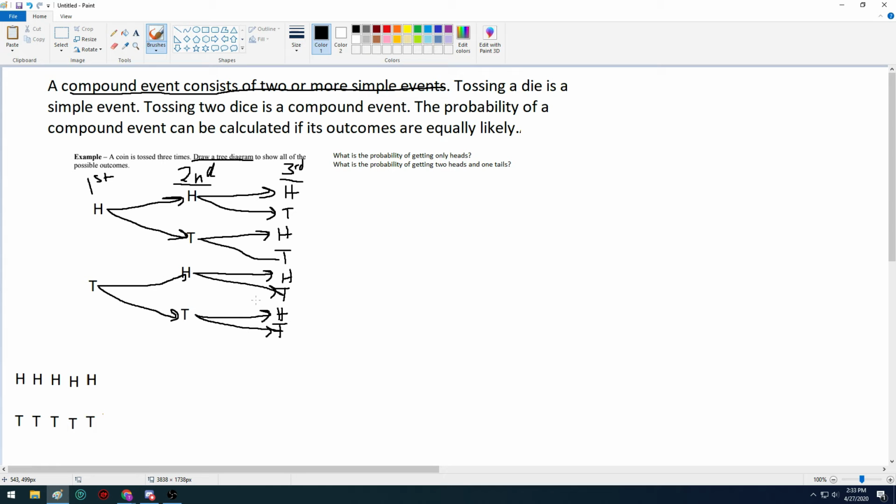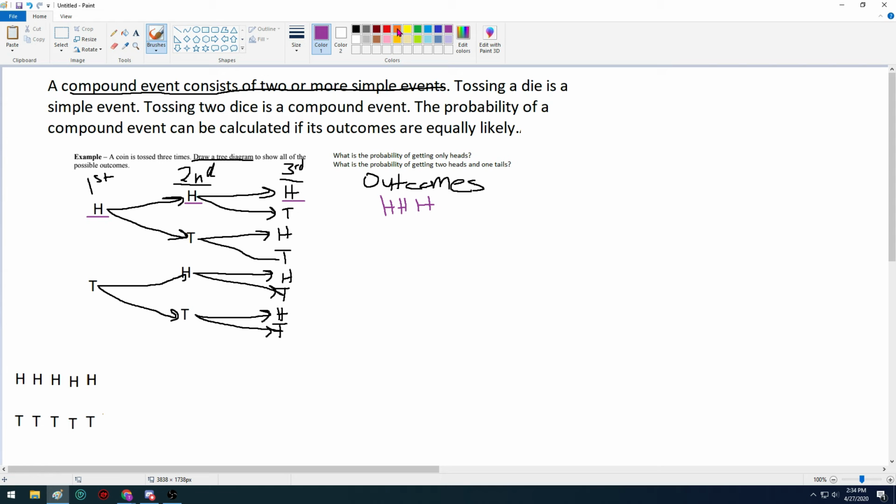Now how do we go about finding the outcomes? Well, to find the outcomes, we just follow the branches. So for this purple one, we go from heads, we follow the top branch, we get heads again, and last one we get heads a third time.